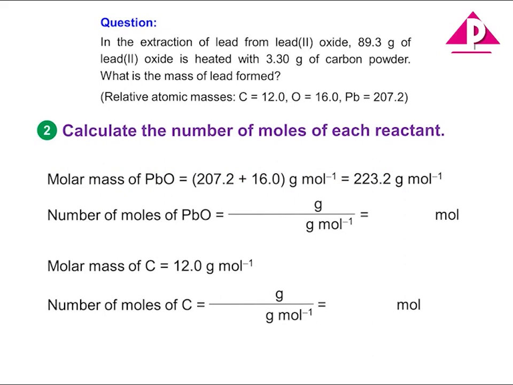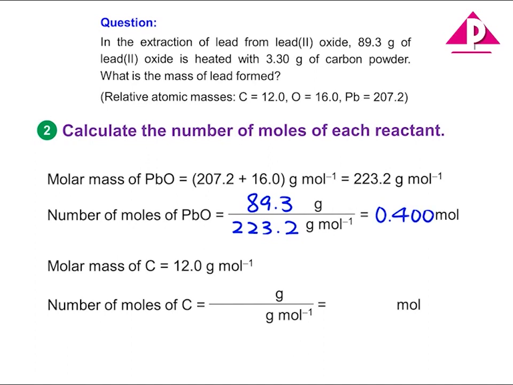After that, calculate the number of moles of each reactant. For lead(II) oxide, its number of moles is its mass, 89.3, divided by its molar mass, 223.2. That is 0.400 moles.